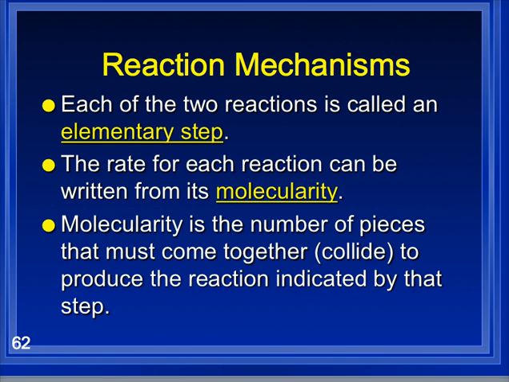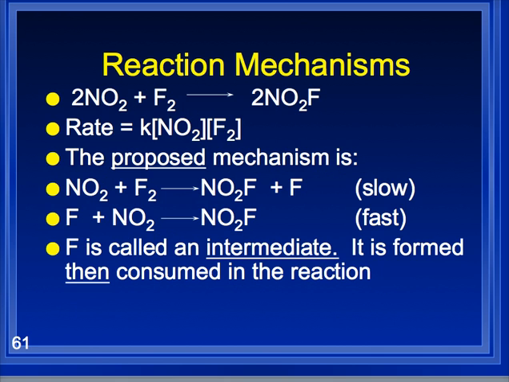In a mechanism, the steps are called, as it says, elementary steps, and the rate of each reaction refers to its molecularity. So when you have, as in the previous slide, two reactants combining, this would be called a bimolecular reaction.